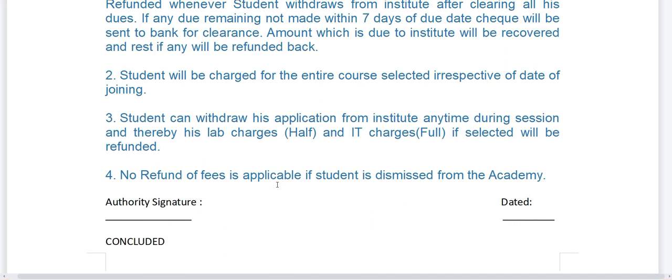If any student is creating chaos or trouble in the academy, and he or she is dismissed from the academy, no refund policy will be applicable, strictly. Then next, authority signature: here we are going to sign and provide the date.